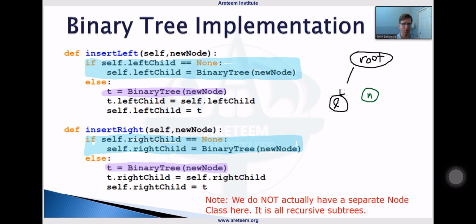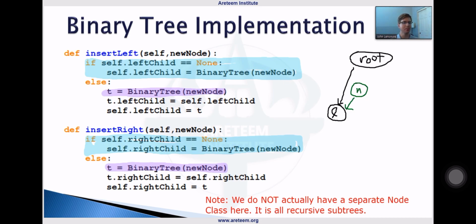Let me move this L down here a little bit more extended so we can work this way. So we have our new node here. At the beginning, it's connected to nothing. But then we set the left child of that, n.left child, to self.left child. So it's pointing to the root's left child.